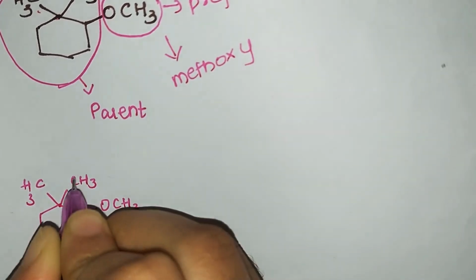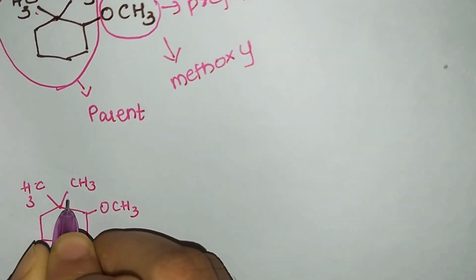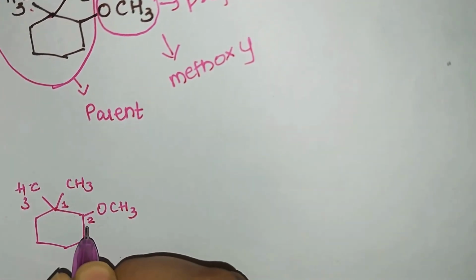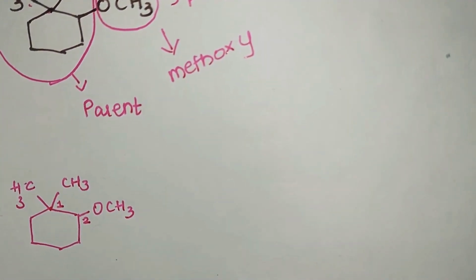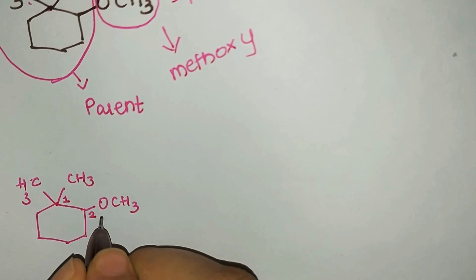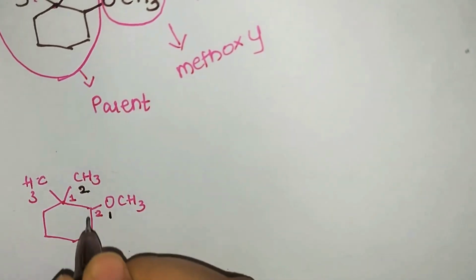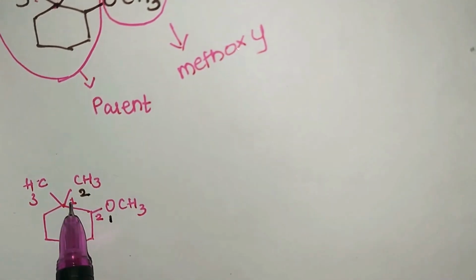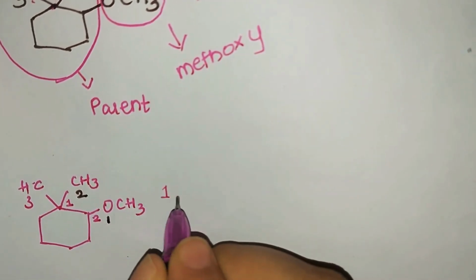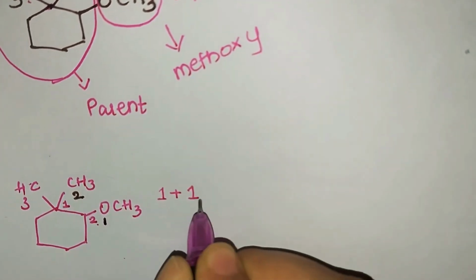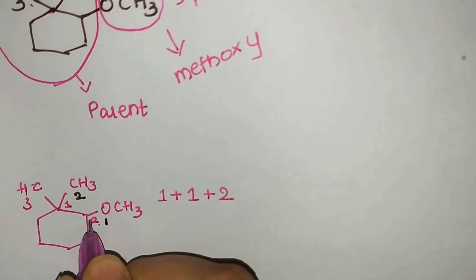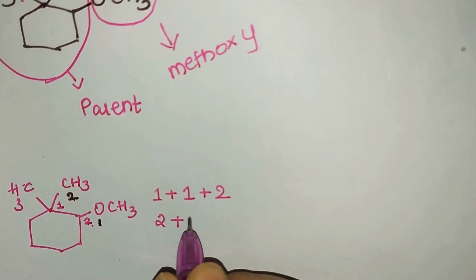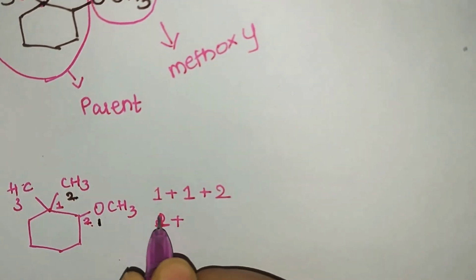When you number it in clockwise direction, first position and second, on first position you are having 2 methyl groups, so we will write it as 1 plus 1 plus 2, whereas when we number it the other way, first position goes to the alkoxy group and second position to the 2 methyl groups. So let us write it and add it. While numbering clockwise, it is 1 plus 1 plus 2. While numbering anti-clockwise, it will be 1 plus 2 plus 2.